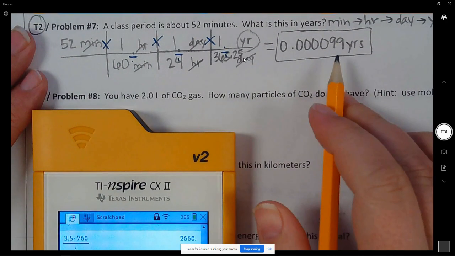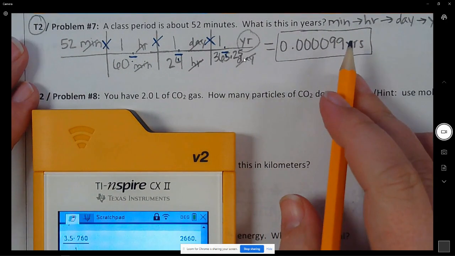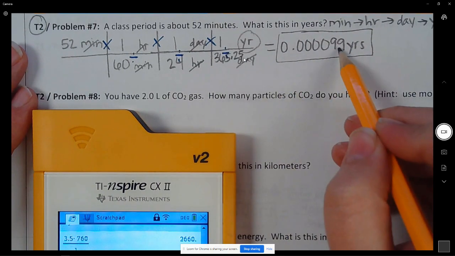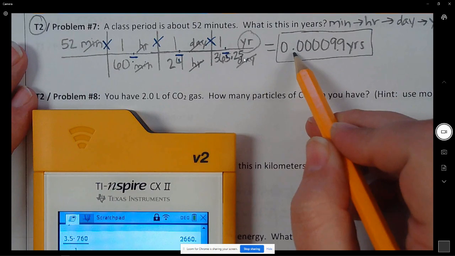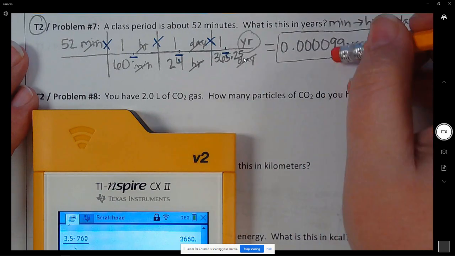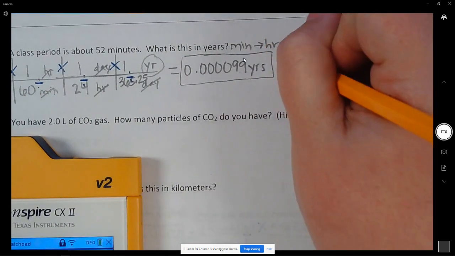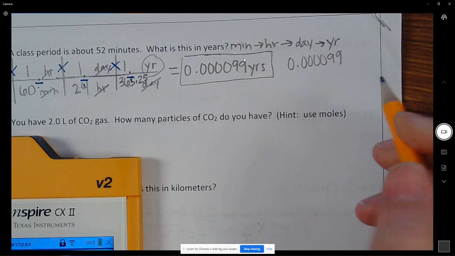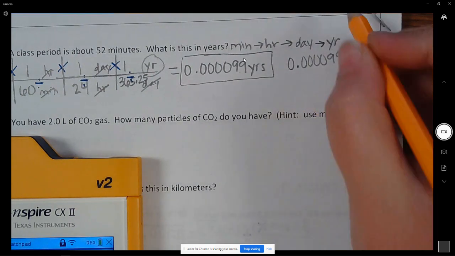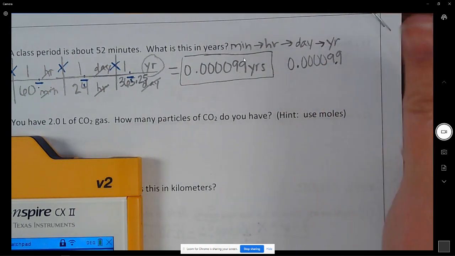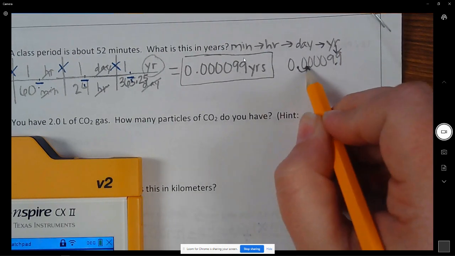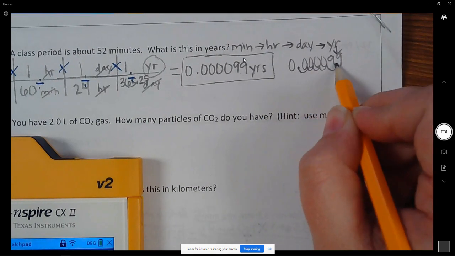You could also write this as scientific notation. So if we were to do scientific notation, remember, we're going to move our decimal to where it's between two numbers. Actually, let me just write this separate. So if you want to write this as scientific notation, this decimal is going to go here. So we're going to go from here to here. That's where the decimal is going to go. 1, 2, 3, 4, 5.